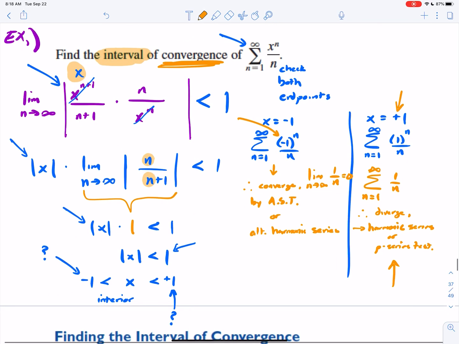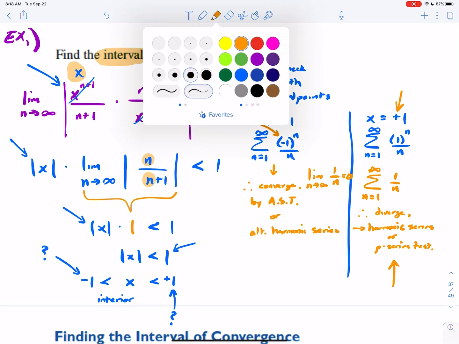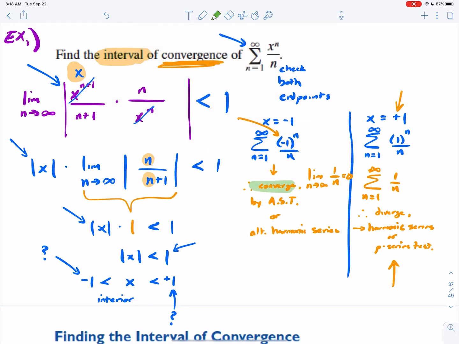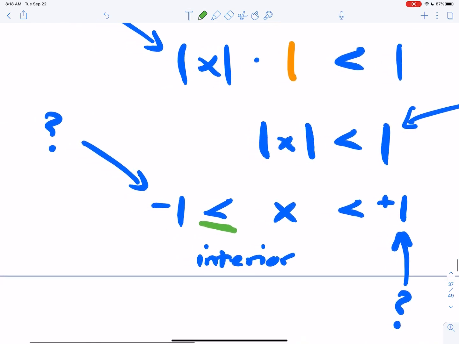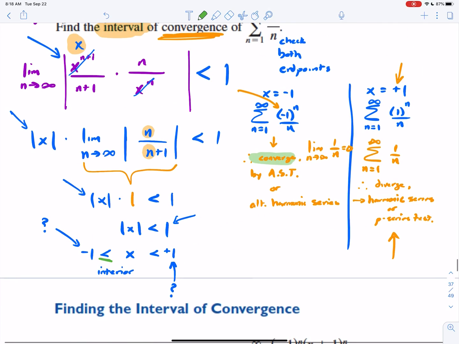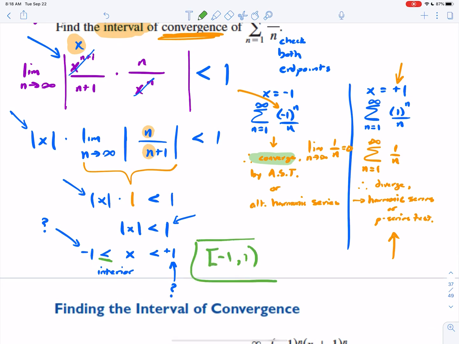But at -1, it converged right here. So we're going to include an or equal to symbol right at -1. You could leave it as is, or if you want to get fancy, you could write it in interval notation like that. And then you're all done.